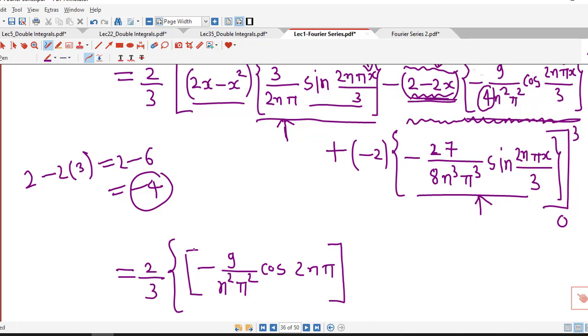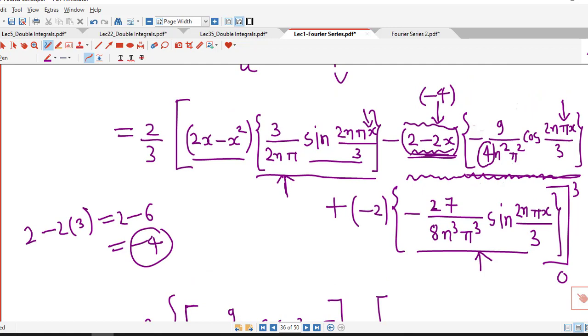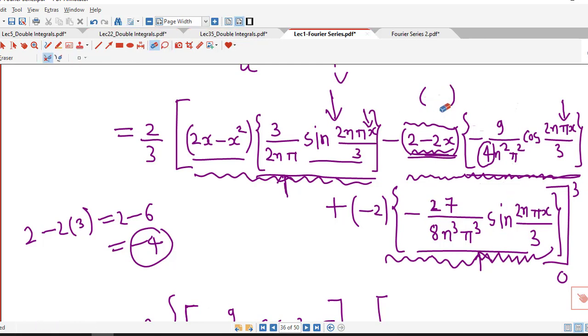So upper limit, now we check for lower limit, that is x equal to 0. So when x is 0, we have sin 0 here, so this term will vanish for x equal to 0. Similarly, this term will also vanish when x is 0, and we check what we obtain when x equal to 0 from this term.